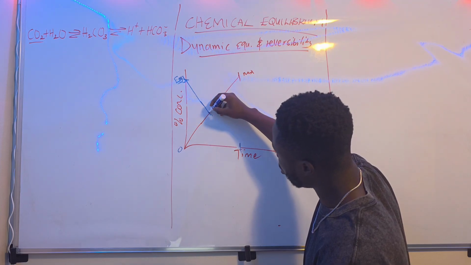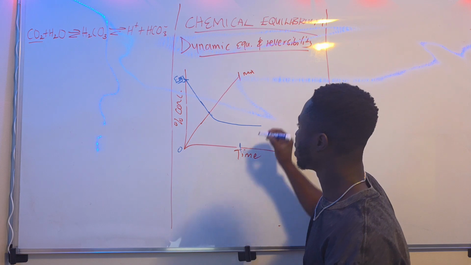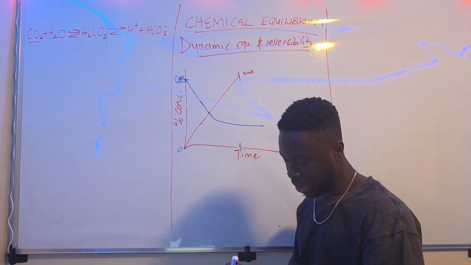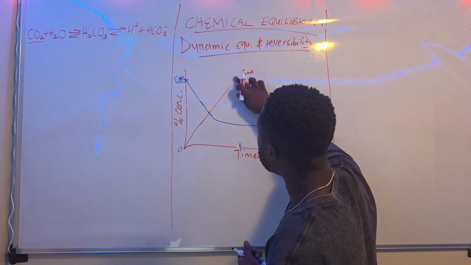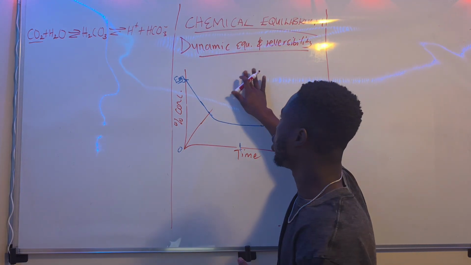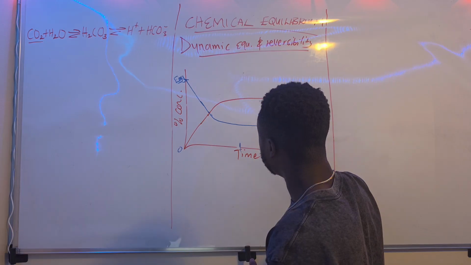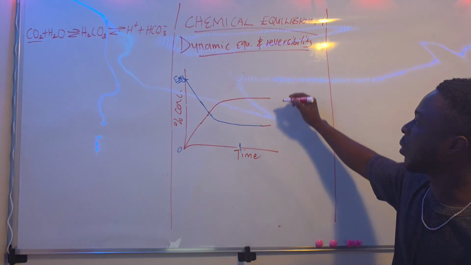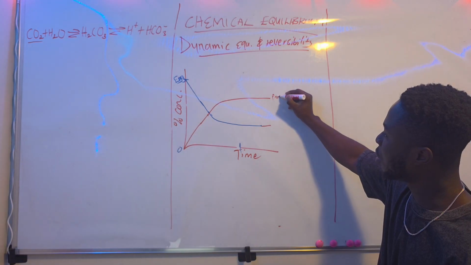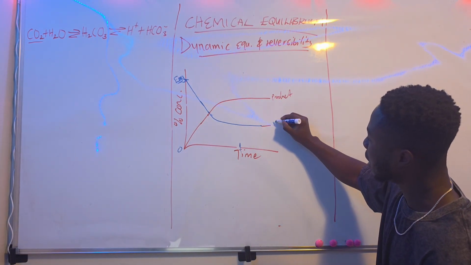So it is going to plateau somewhere over here. Once it has plateaued, my concentration of the product is also not going to continue all the way to its maximum. It is also going to plateau somewhere over here. Now I'll get something like this, where this over here is my product, and this over here is my reactant.